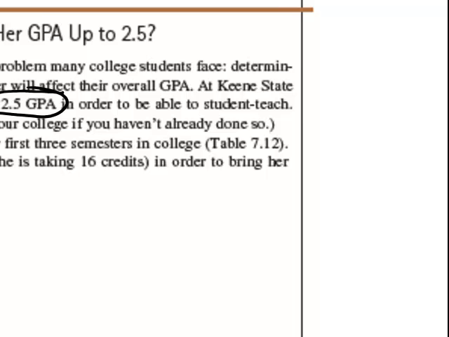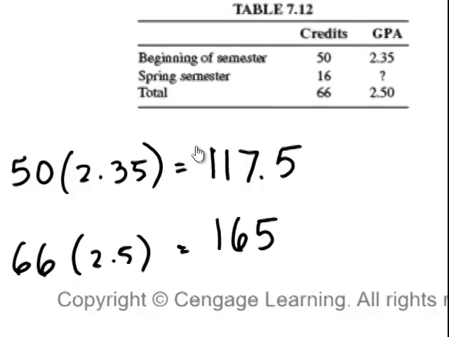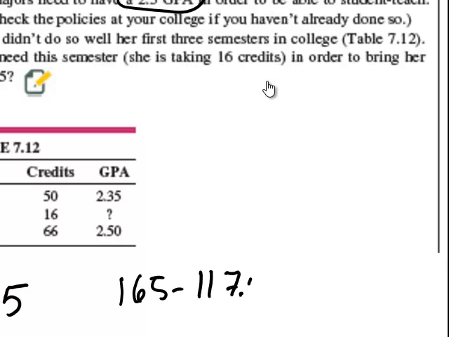Okay, I did that computation for you. So she has 117.5 points. What she needs after she takes those extra 16 credits is 165 points. So I said 165 minus 117.5 was 47.5, which is what she needs.